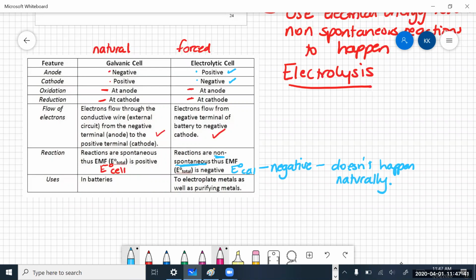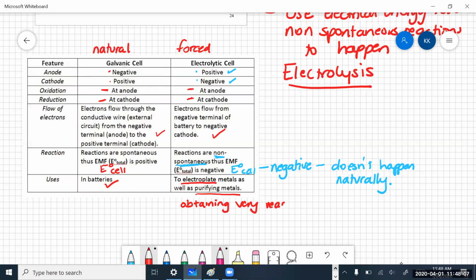Okay, what do you use them for? Well, we've already looked at the use in batteries. I'm sure you're sick to death of looking at batteries right now. When we use an electrolytic cell, we use it for electroplating, and that's always a fun prac. And also purifying metals or obtaining very reactive metals.